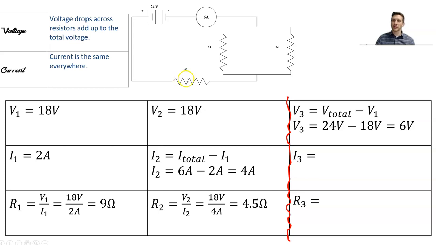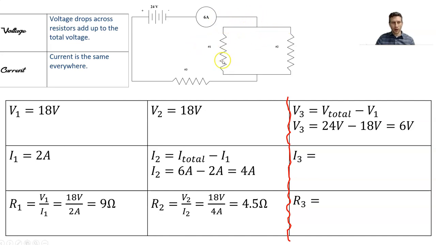Okay, good way to check is you can take any voltage on the right side of your squiggly line and one of the voltages on the left side of your squiggly line, and they should add up to the total, right? 18 and 6. Okay, current. How much current is going through here? Well, 6 amps is coming through here, and then it splits up.